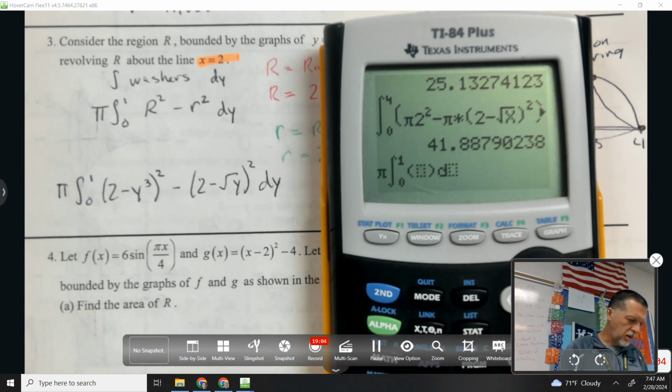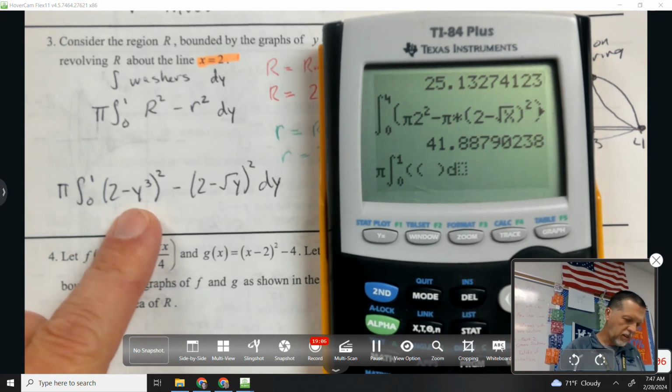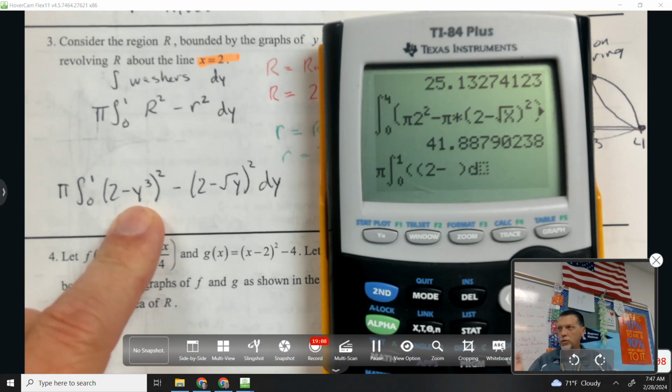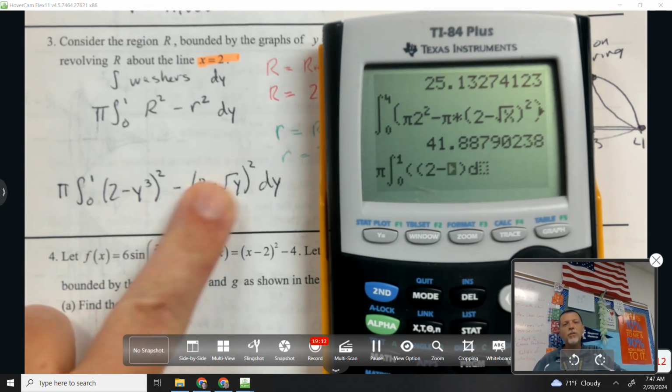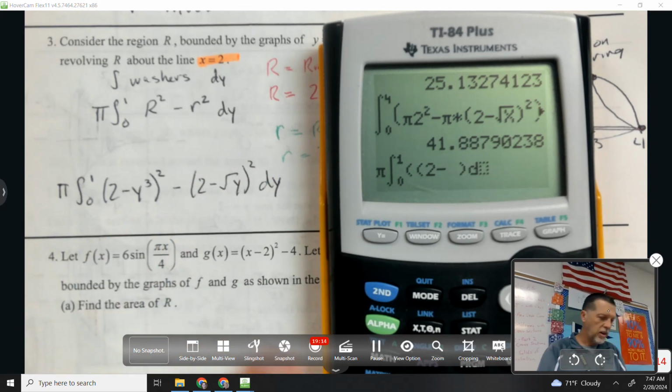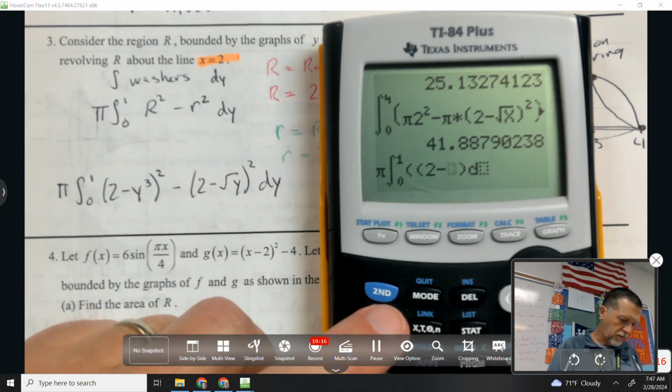0 to 1, open parentheses. If you're comfortable switching x and y, you can do that. Saves you a few keystrokes. If you want your calculator to look like your paper, then type the y in there.